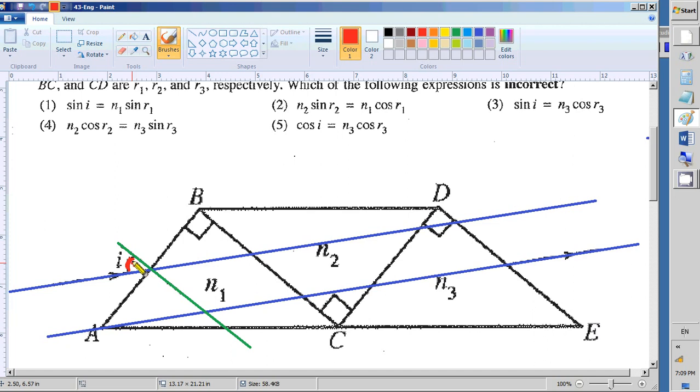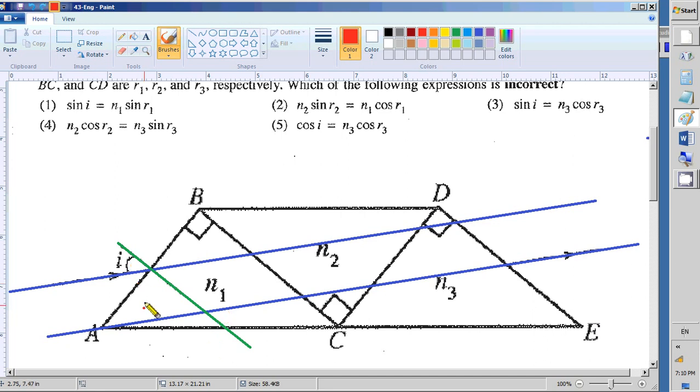Since this angle is I, what is this other angle? That also is I, because these are corresponding angles. This angle is opposite to this one, therefore we can mark this angle as I, the same as this one.